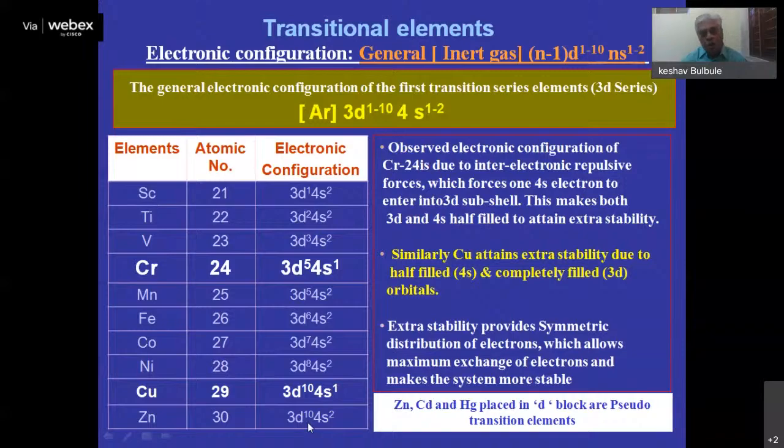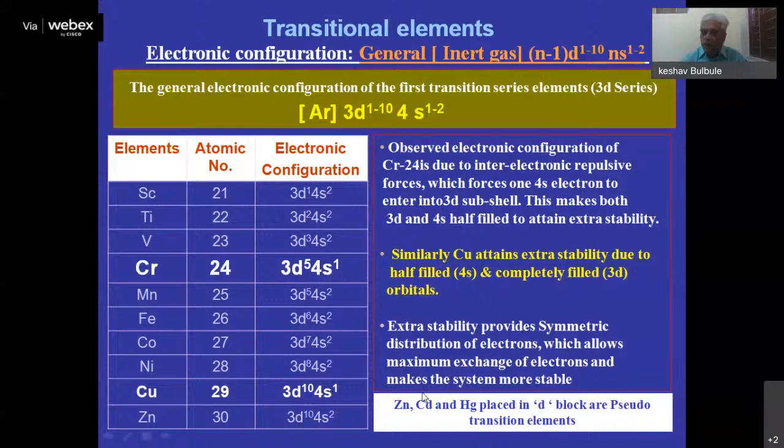But if you can recall, the elements such as zinc, cadmium, and mercury are also placed exactly sandwiched between s and p block elements, because though zinc, cadmium, and mercury do not have the partially filled d subshell, they exhibit most of the properties exhibited by remaining d block elements, and therefore these are also placed in the same middle portion of the periodic table, now popularly known as d block.